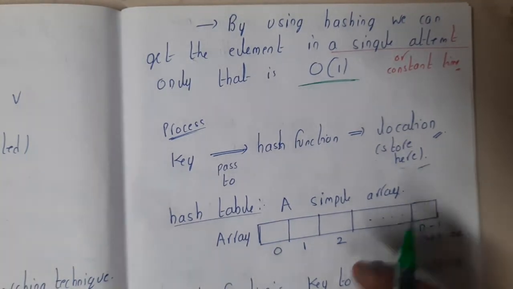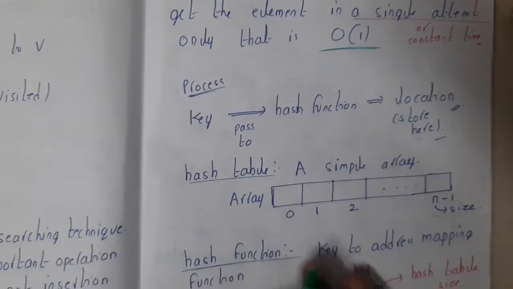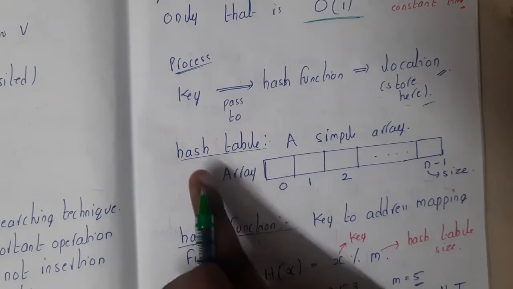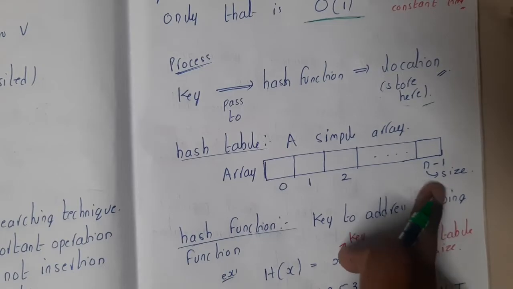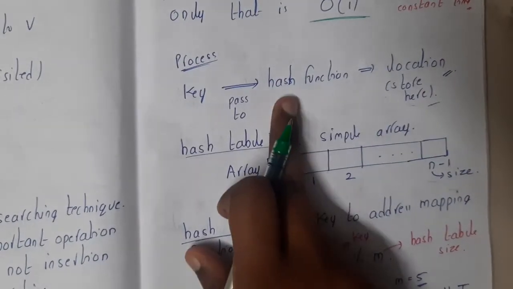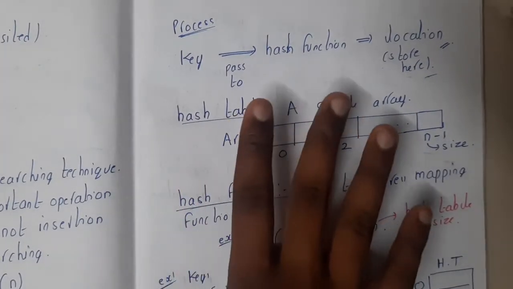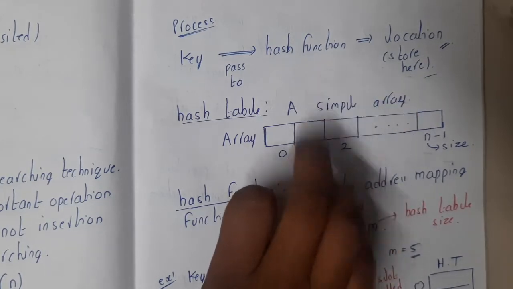Before going into the examples, let us understand some basic terminology. The first term is the hash table. A hash table is simply an array, indexed 0, 1, 2 and so on up to n minus 1. Next is the hash function. There are four popular hash functions, among which only the first is asked till date; the rest three are never asked.